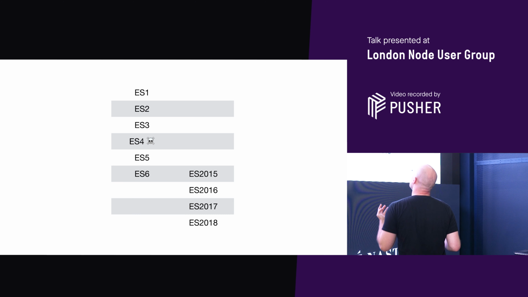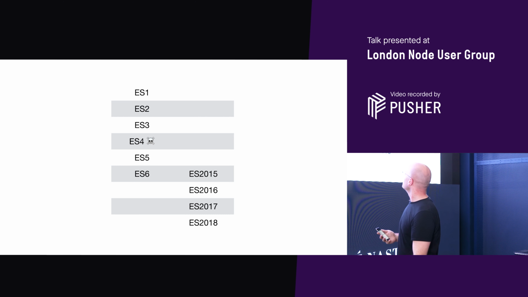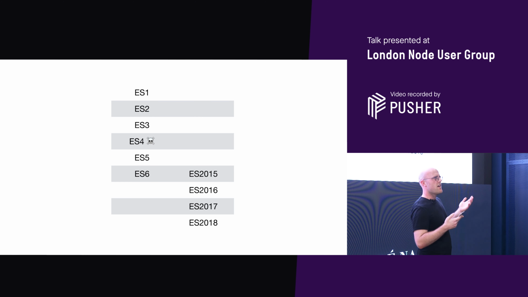But for ES5 and ES6, the technical committee really started to polish up the process and handle the new popularity of JavaScript. So now we have editions of ECMAScript coming out pretty much every year, which is great. Part of that is down to Babel and people being able to experiment and try these new standards.